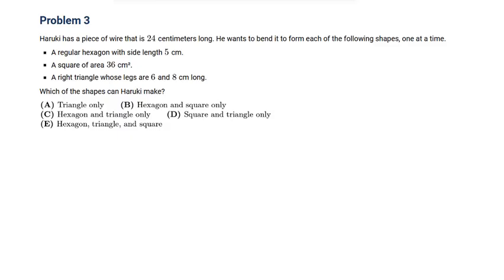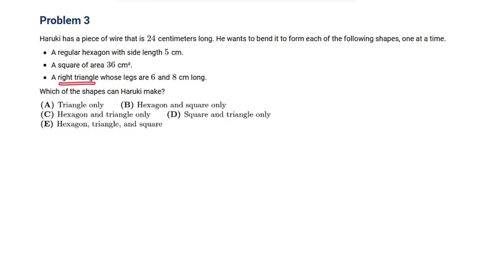So problem number 3. A piece of wire which is 24 centimeters long is given. Now he wants to bend it to form each of the following shapes. You have a regular hexagon, square, and right angle triangle.